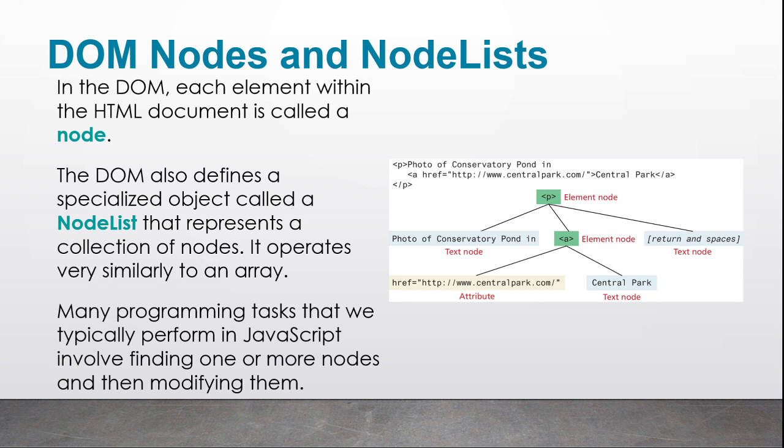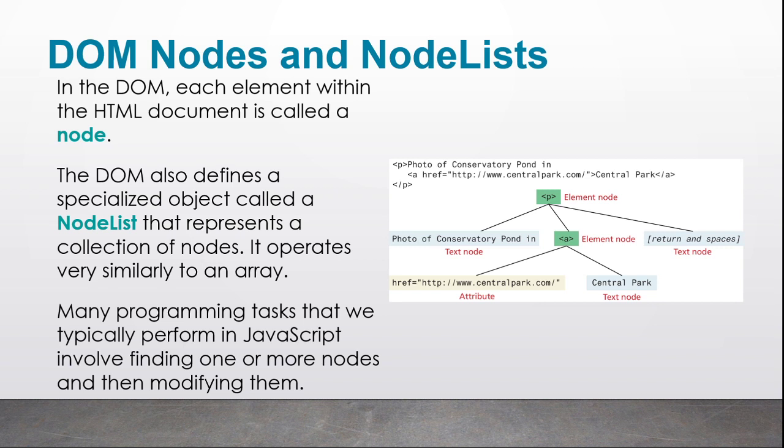And within the DOM, the model that we're looking at, you can affect that just like you could affect an array. So remember, an array is kind of this dimensional, not really a list, but collection of things, right? So a lot of what we do in JavaScript is finding these nodes within our HTML and then modifying them.